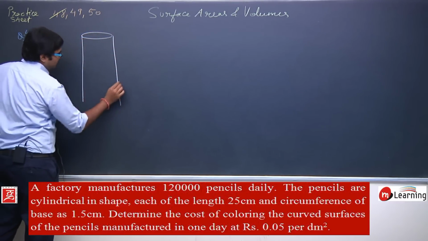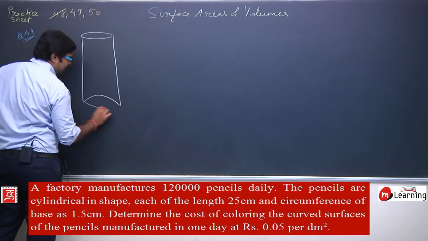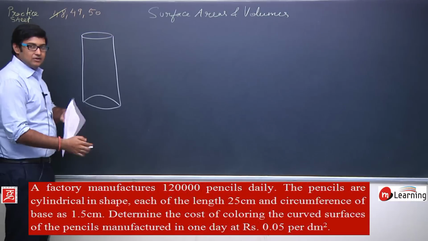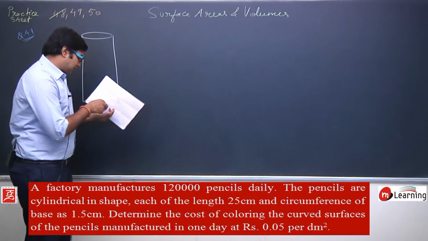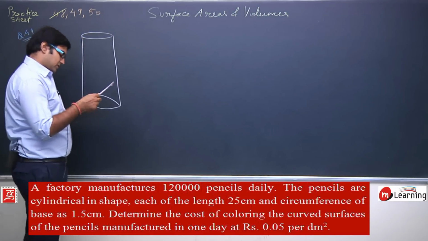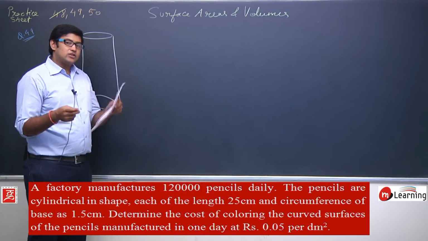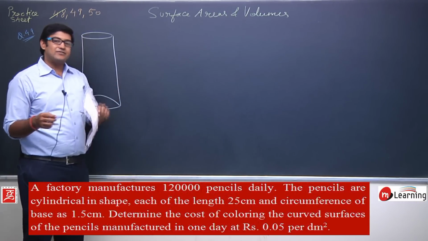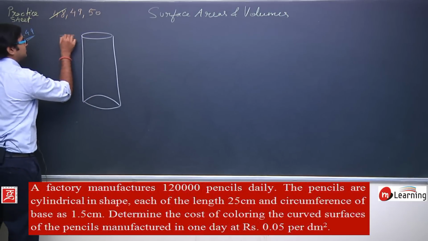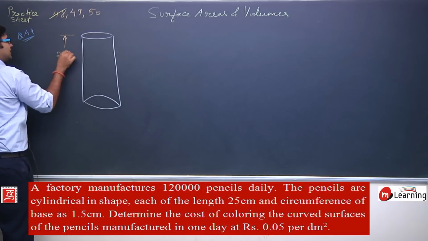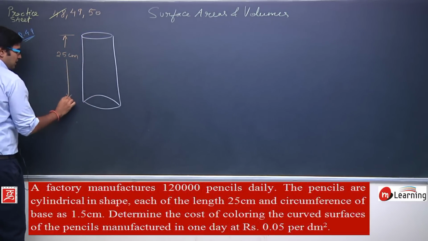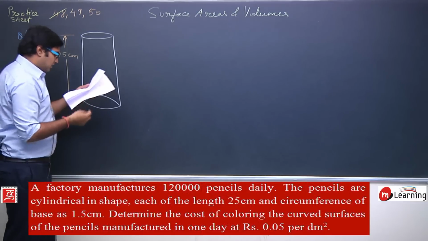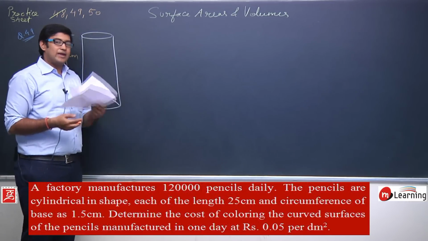It is in the shape of cylinder. Okay, like this. This is a pencil. So for this pencil, the length of each pencil is given as 25 centimeters. So the length of this pencil, this is 25 centimeters, and the circumference of base.